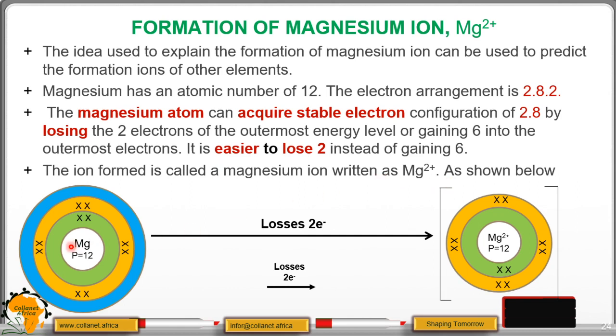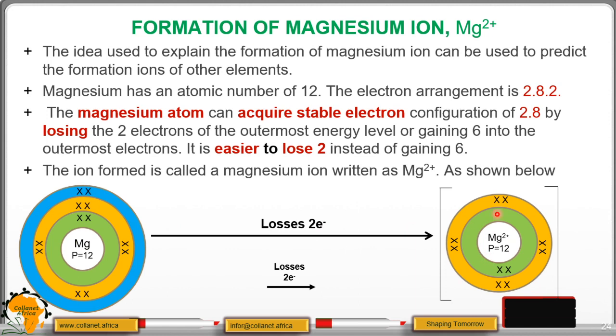We have the magnesium atom here, or the element, which has 12 electrons in the energy levels. The first will have 2, then 8 in this energy level, and then we have 2 in the outermost energy level. So this magnesium will react by losing 2 electrons which are in the outermost energy level to get this structure.